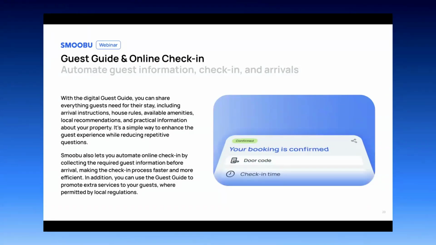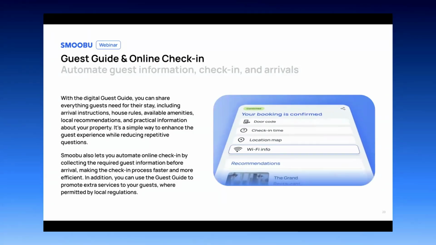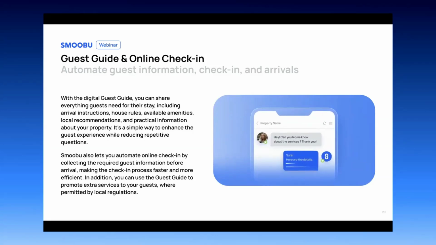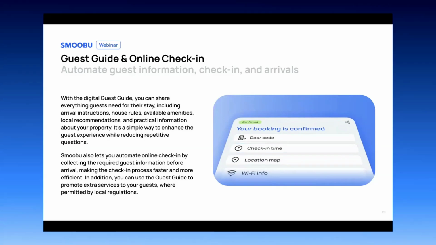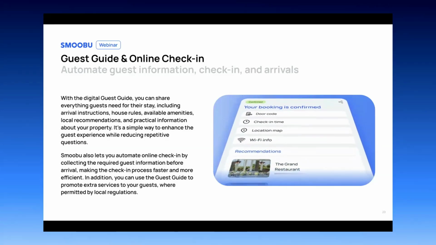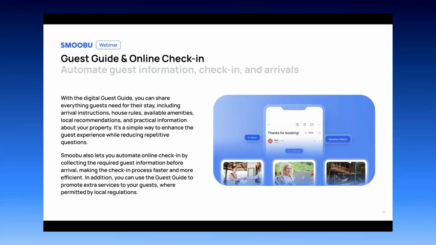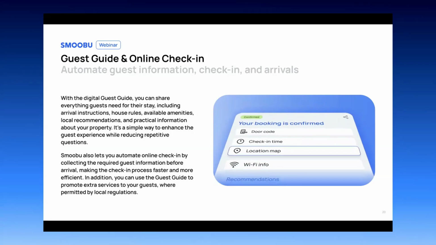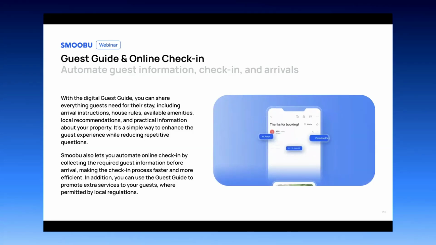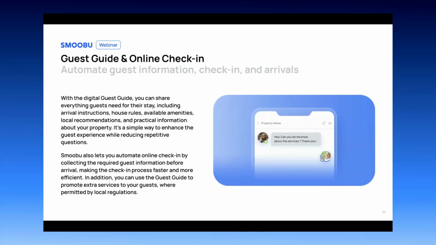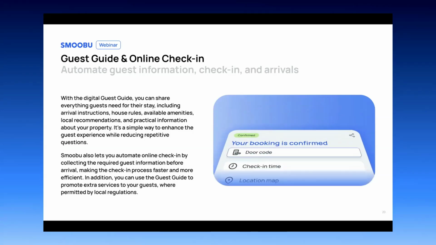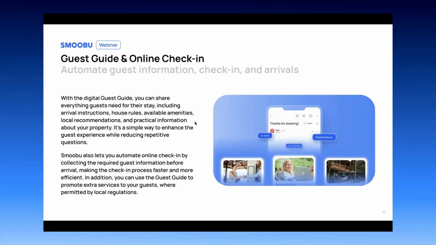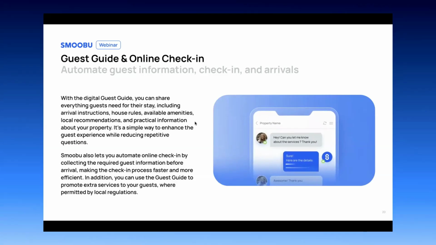You can include all of your house rules, available amenities at the property, any property specifics you need to share with them, but also any frequently asked questions so that you can really simplify the guest stay and make them more independent. The guest guide will also give you an option to sell additional items if you provide any at the property. For example, if you sell a bottle of wine or an early check-in, you can include those in the guest guide and they will be able to purchase those items even before they arrive at the property. And those are also, of course, commission-free.